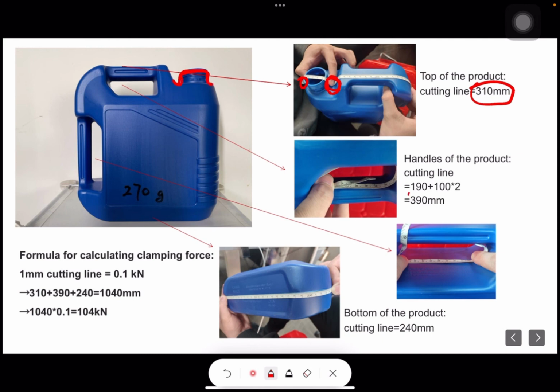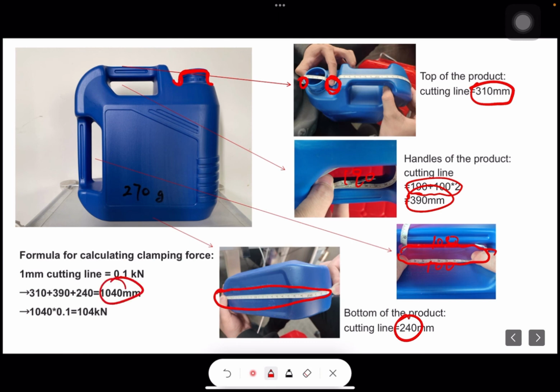I use this way to calculate half of it, and 2 times. So you can see here, 100 is here, and 100 and 100 here, 390 and 240 the bottom.